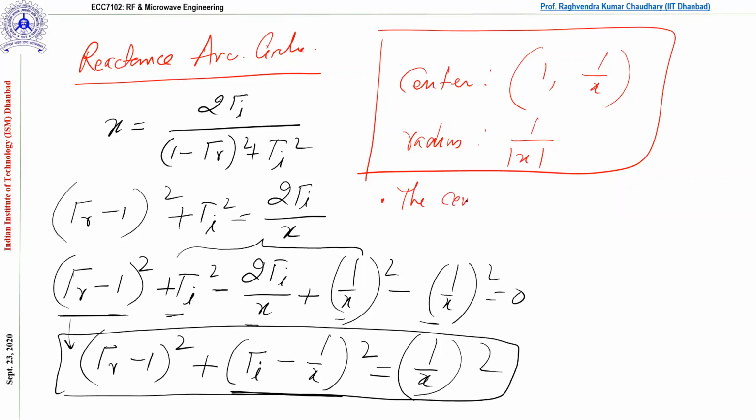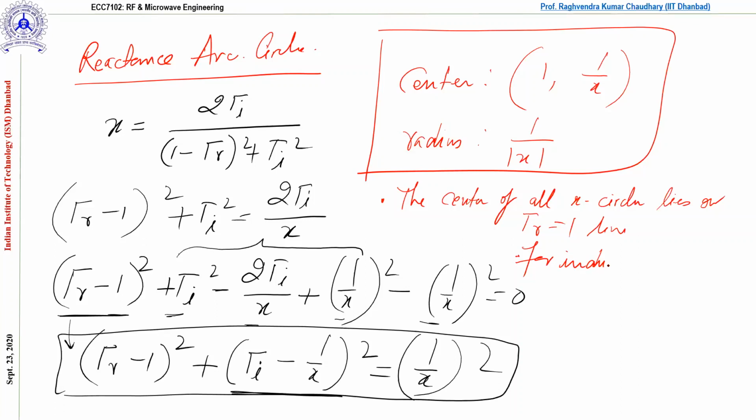The centers of all x circles lie on the gamma r is equal to 1 line. Another point: because these are reactive circles, they represent the capacitive nature as well as the inductive nature, so we need to see both things. That is why you will see this here.